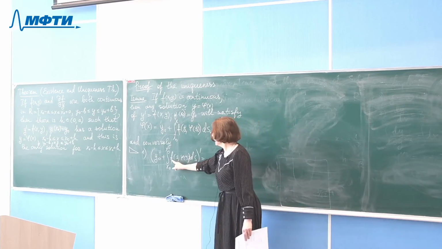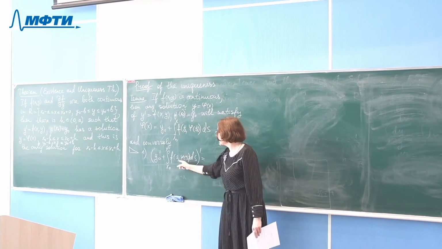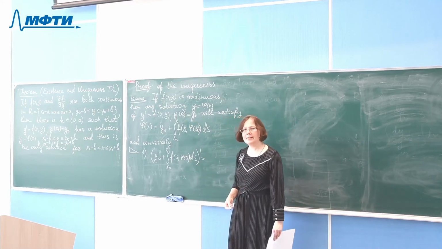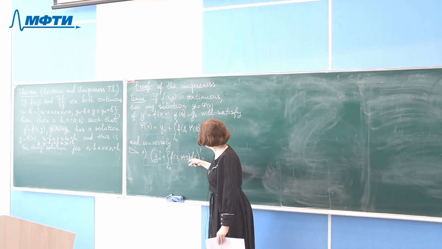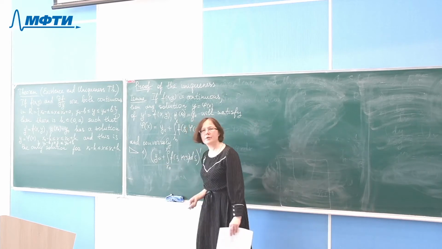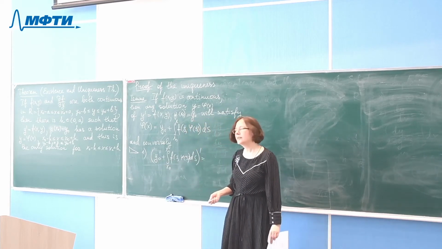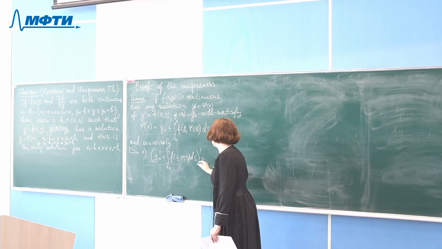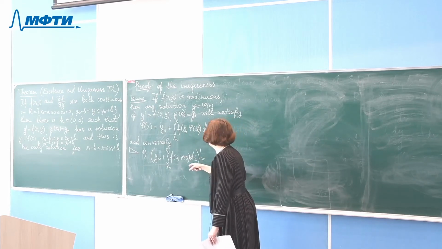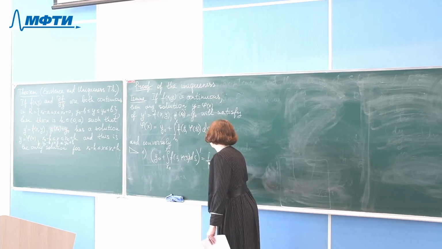Okay, since our function f is continuous, by the fundamental theorem of calculus, this derivative is equal to, so y0 is a constant, right? And so the derivative is equal to f of x, phi of x.